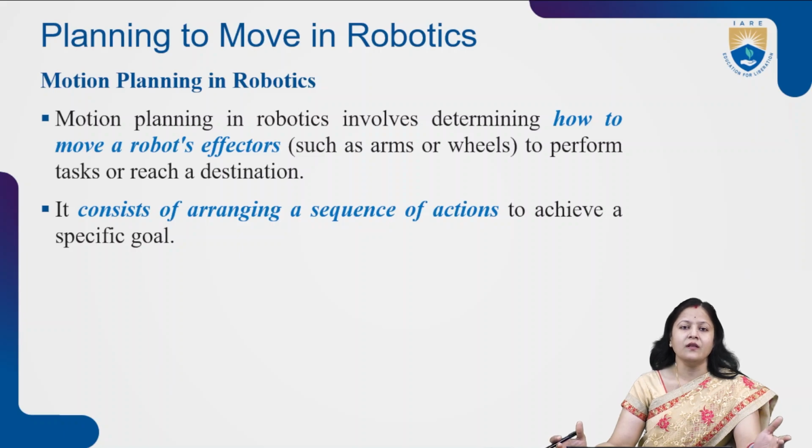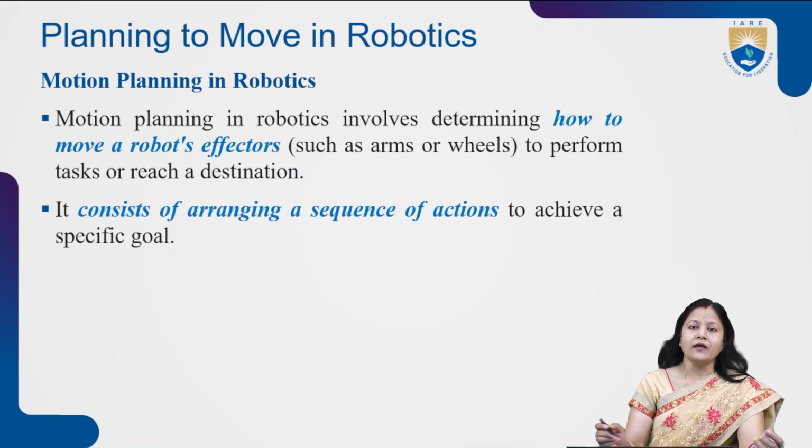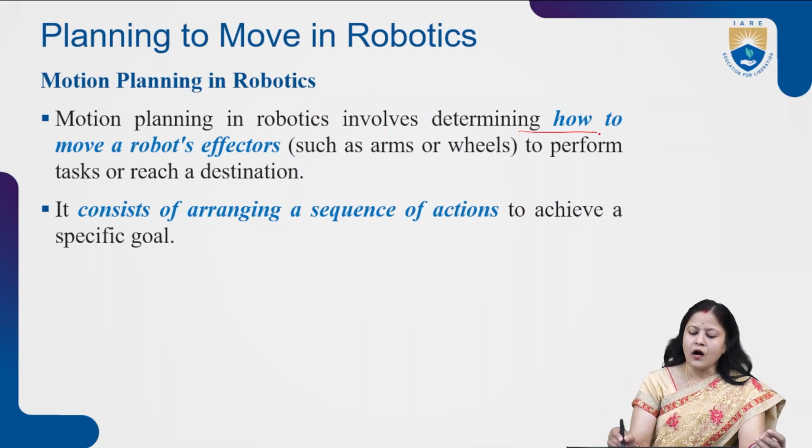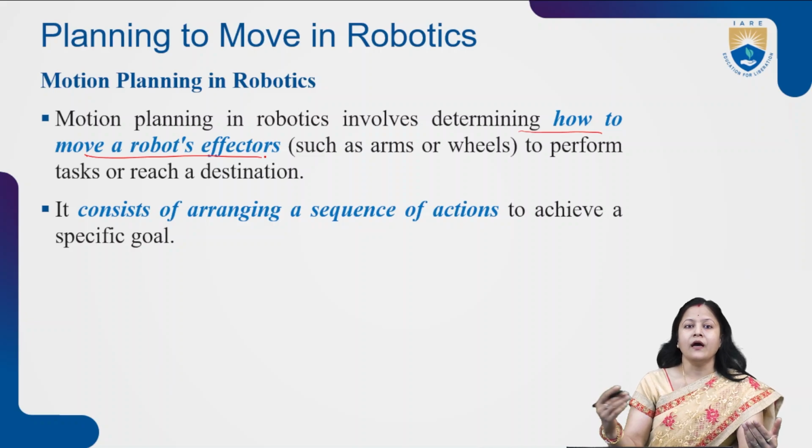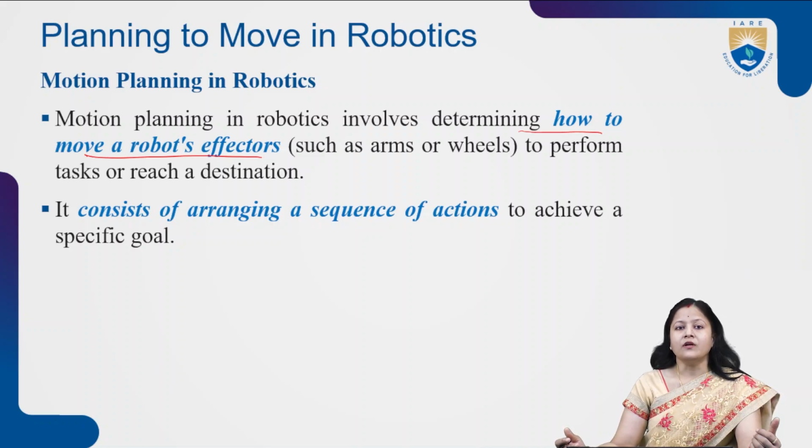Like this, we plan. The same thing happens for the robot also. That is called planning of the movement, or motion planning in robotics. Motion planning in robotics involves how to move a robot's effectors like the arms or the wheels to perform the task or to reach the destination.